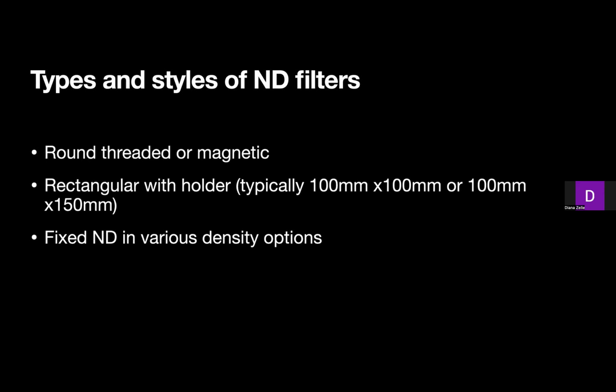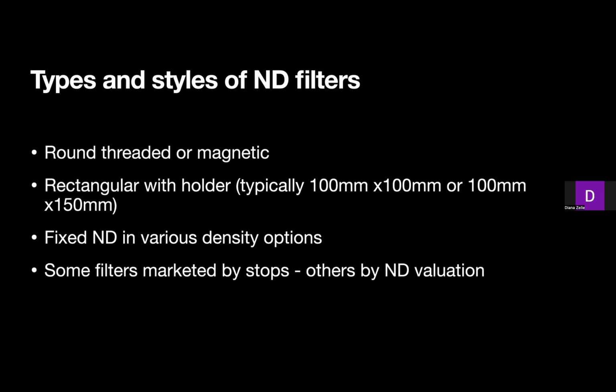You have fixed NDs. So a fixed ND, you buy them in a certain amount of value. You also have variable. Right? So this gets confusing. Even those of us who use ND filters sometimes have to refer to the guide or whatever.